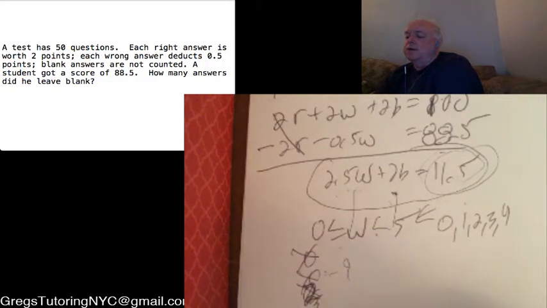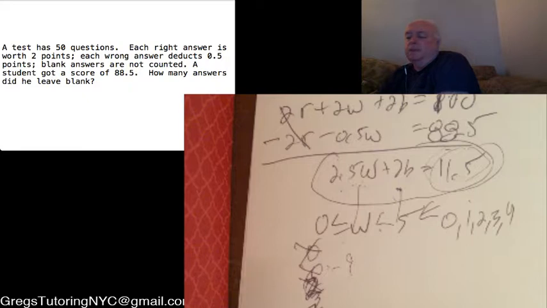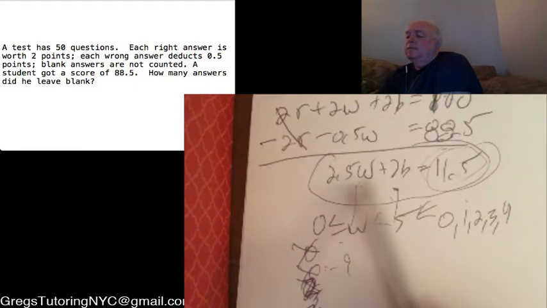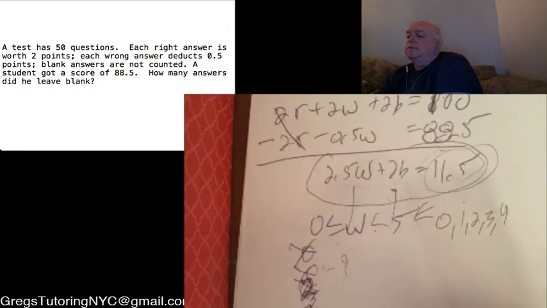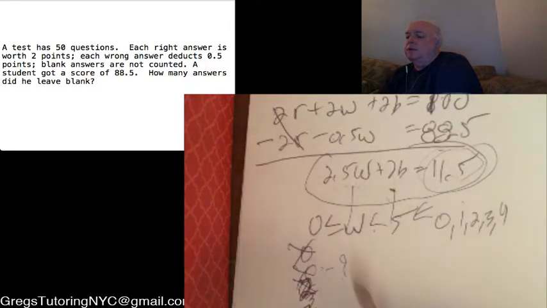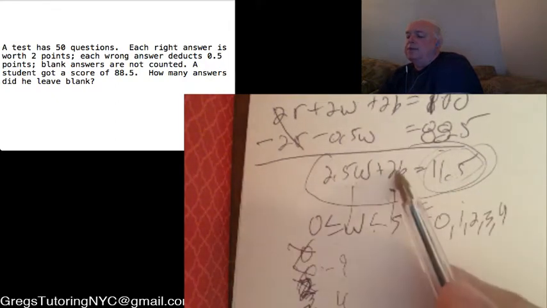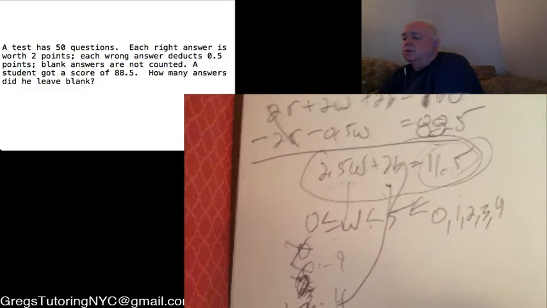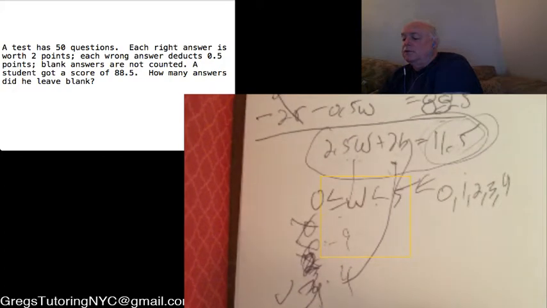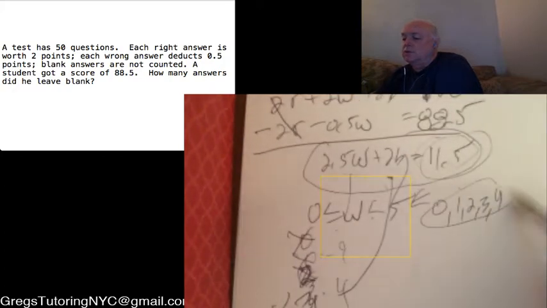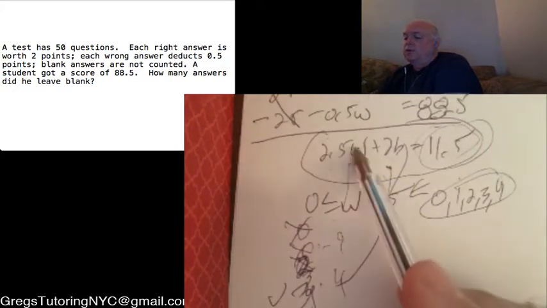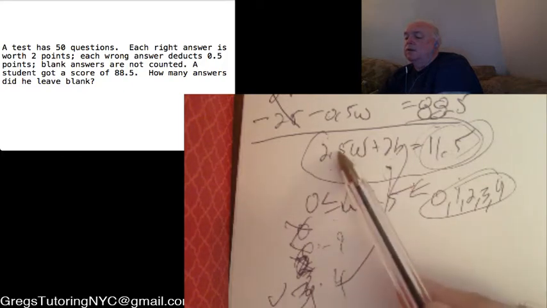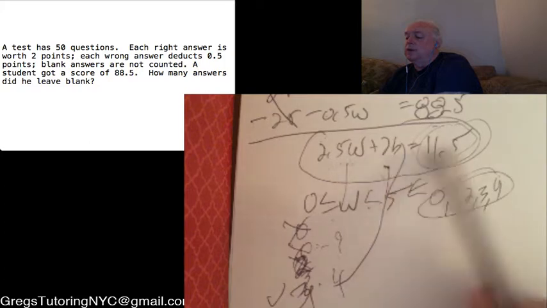Now we're going to try 3. If W is 3, we get 7.5, and we subtract it from here and end up getting 4. And that works, so 3 is a match. And just to go through the completion of it, if we try 4, because we said that was the range, if we have 4 for W, we get 10, and at least 1.5 left, and that's not possible.